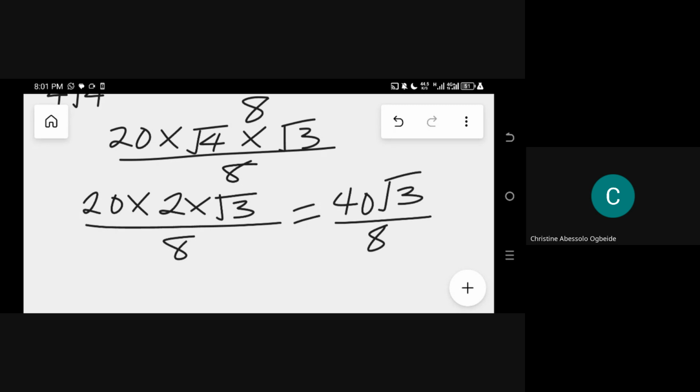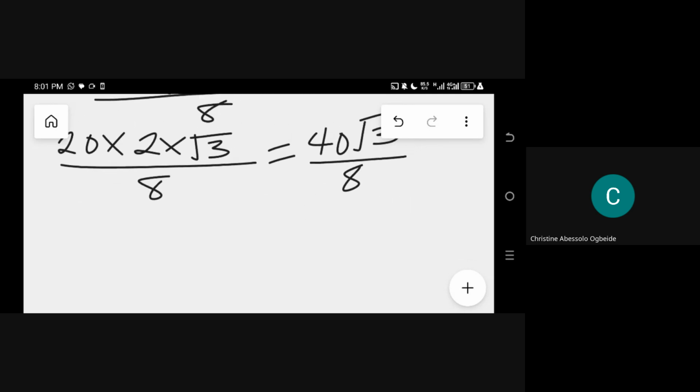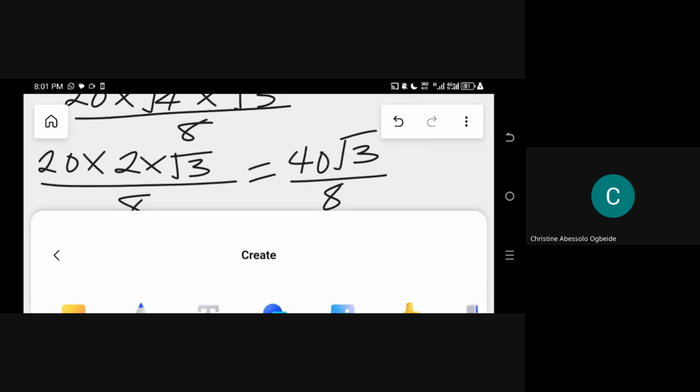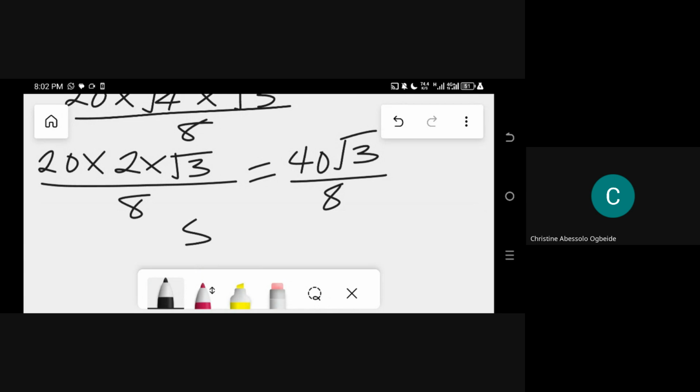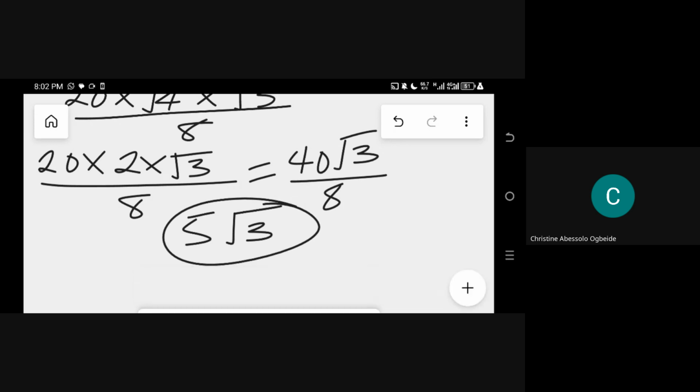But for this 40 and 8, they are both outside, not within a root, so you can actually divide. 40 divided by 8 is 5. Then the final result should be 5 root 3. So this here would be the answer, 5 root 3. Do you guys understand this?